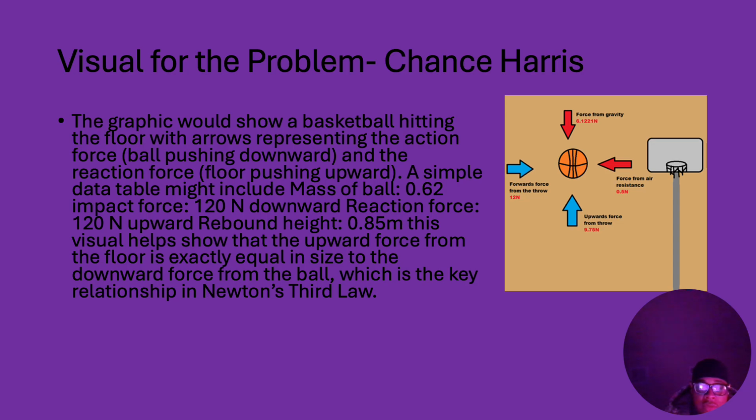This visual helps show that the upward force from the floor is exactly equal in size to the downward force from the ball, which is a key relationship in Newton's third law.